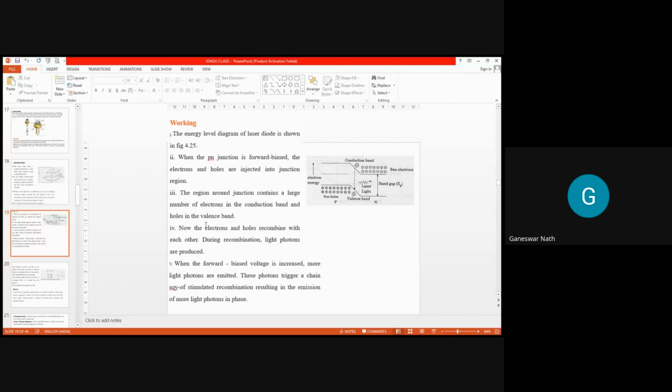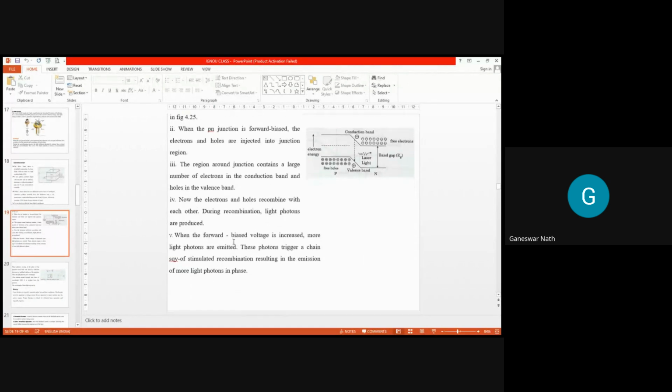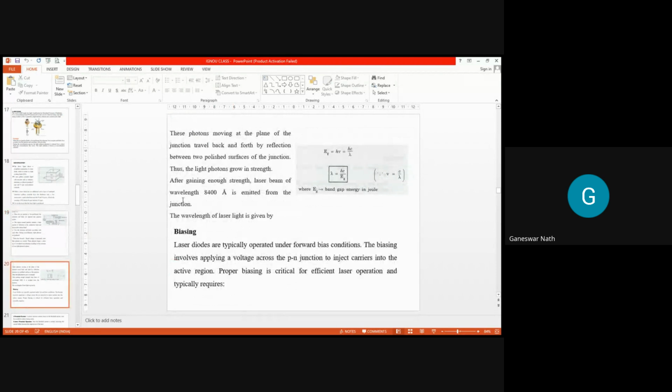Okay, so these are the details of forward bias and also reverse bias conditions. Depending upon the band gap, this is the basic formula for how much light will be produced and what wavelength of light is produced. It can be determined by this formula: Eg, the band gap, is equal to h nu, and nu is equal to c by lambda, so lambda is equal to hc by Eg.